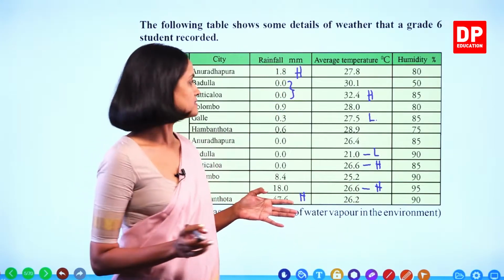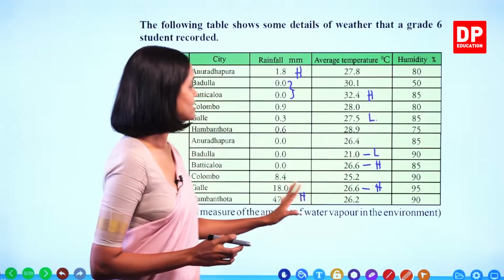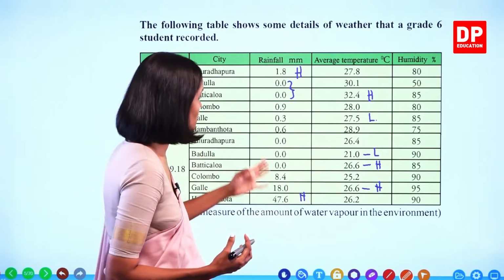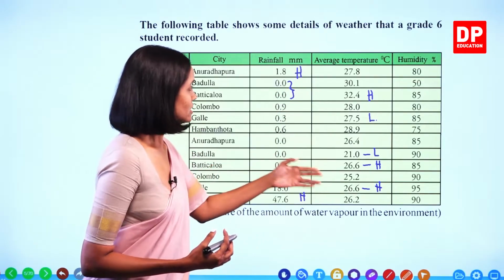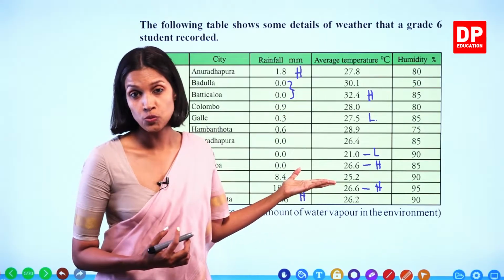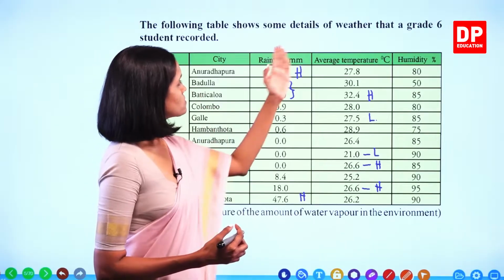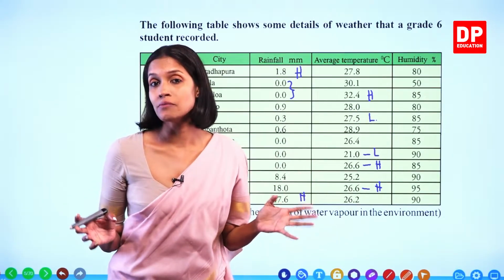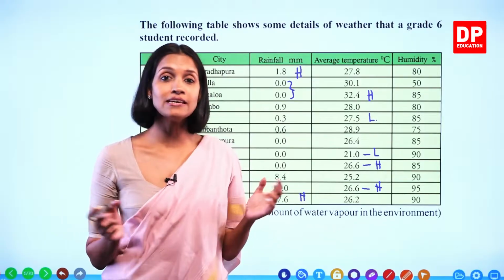Okay, children. So when you go through this type of table, you can get an idea, you can get more information about the different factors affecting this weather. So humidity. Humidity means, I already explained you all, the amount of water vapor present in the atmosphere.